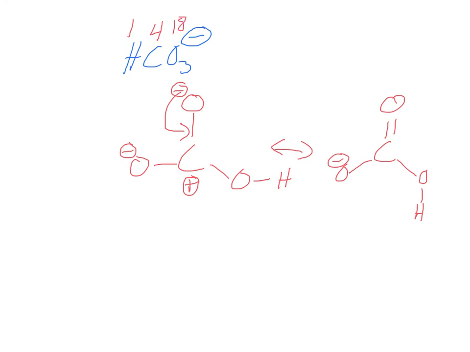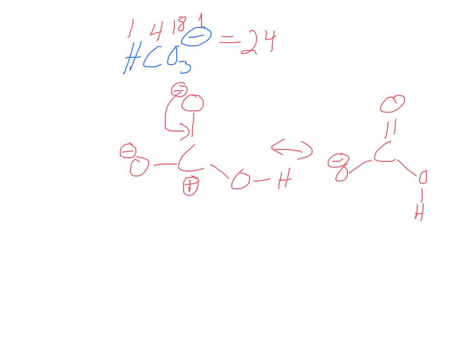Whoa, we can do that. It has a negative charge, so we have to add an extra electron for the negative charge. And that adds up to 24. I can't count past 10 unless I take my socks off. All right, there's 24.